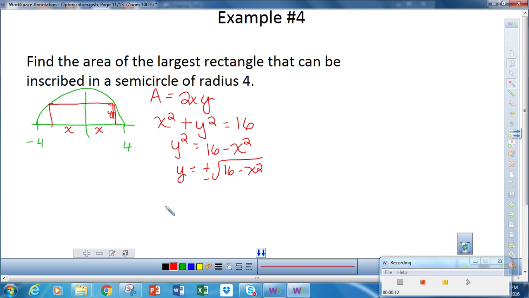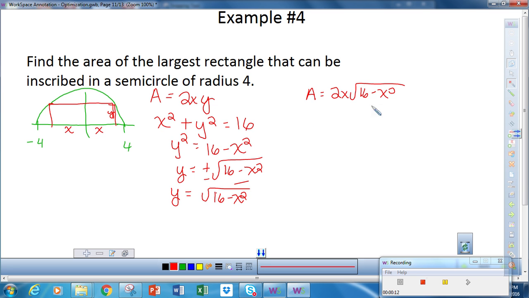Because it's a semicircle and we're only dealing with the first two quadrants, we don't have to concern ourselves with the negative. So y is equal to the square root of 16 minus x squared. So the area formula that we need to maximize is 2x times the square root of 16 minus x squared.